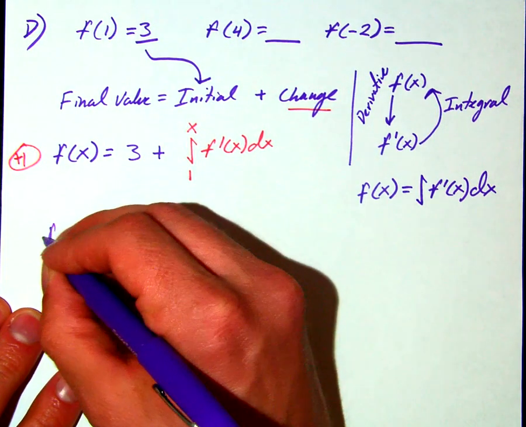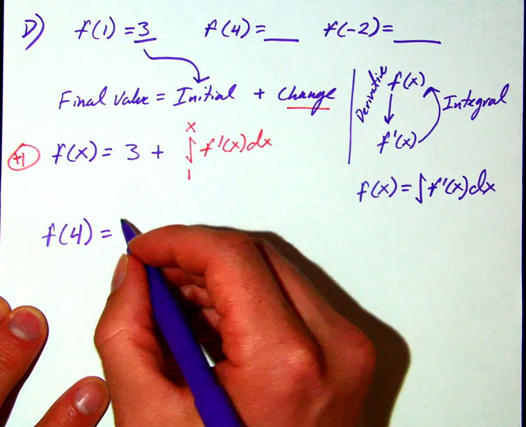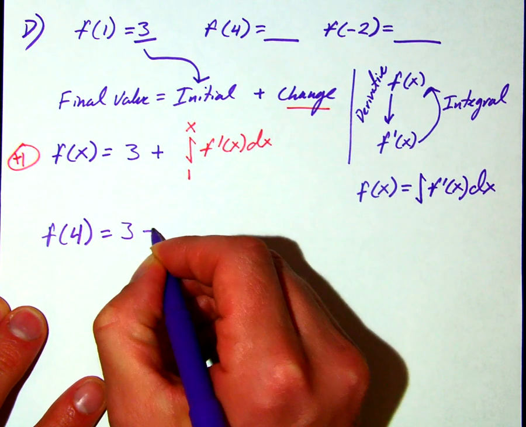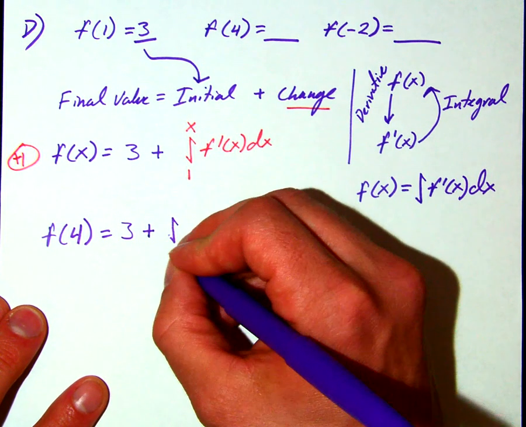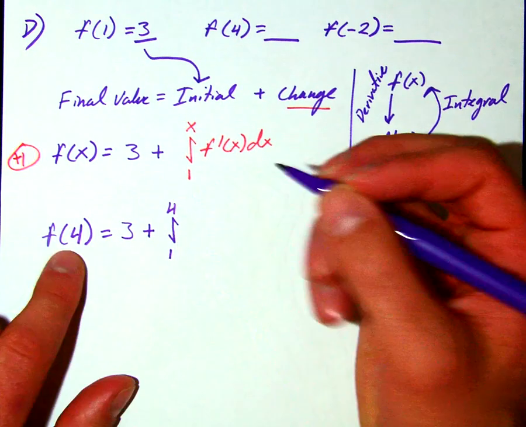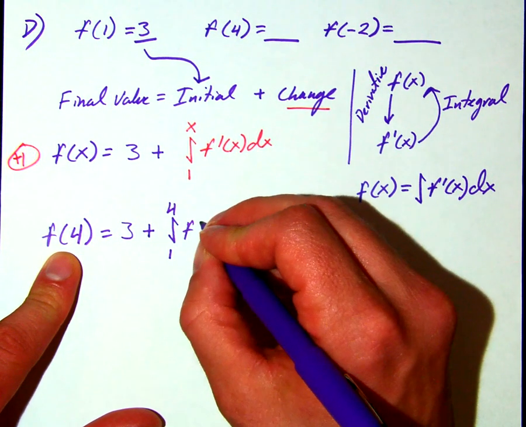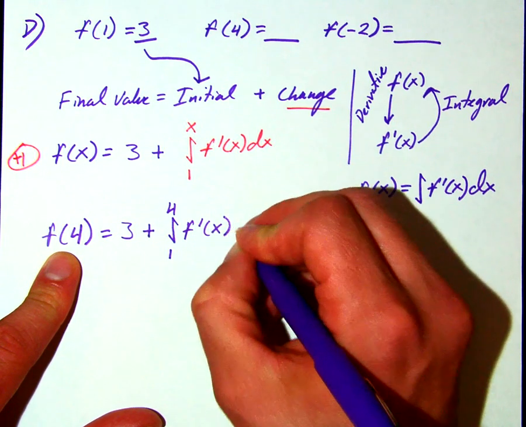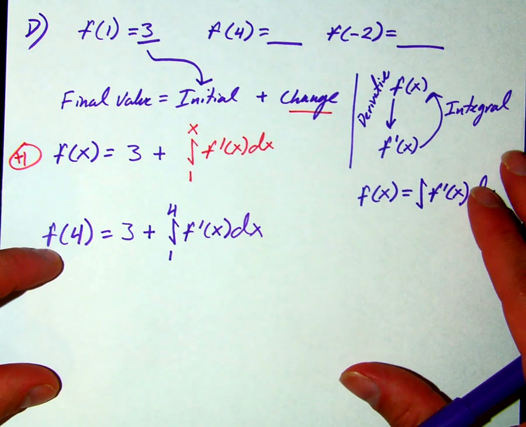Let's do f of 4. Well, I keep my 3, that's my initial value, plus the integral from 1 to 4. I get my 4 from right here. That's how much it changes of f prime of x. Okay, leave yourself some room because we're going to come back to that.